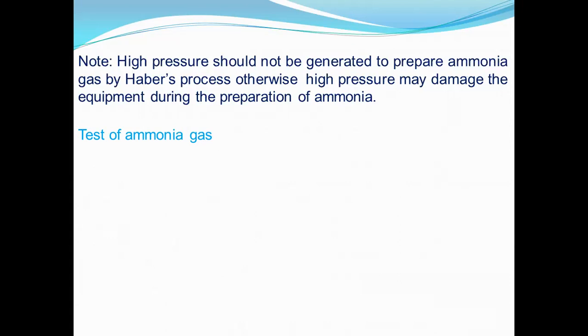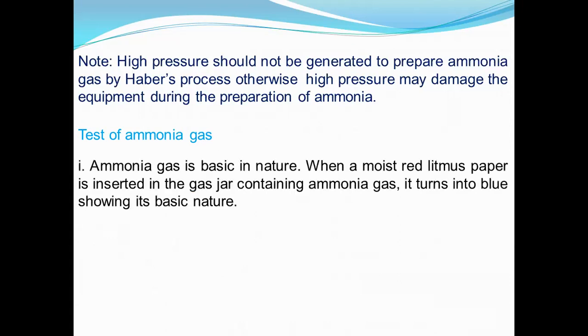Water is a neutral substance, and that means ammonia is basic in nature, so NH4OH will be a basic substance. And so here it is written ammonia gas is basic in nature. So when a moist red litmus paper is inserted in the gas jar containing ammonia gas, as already explained previously, as it is basic, it turns red litmus paper into blue color. And if that changes, it means the gas should be ammonia.